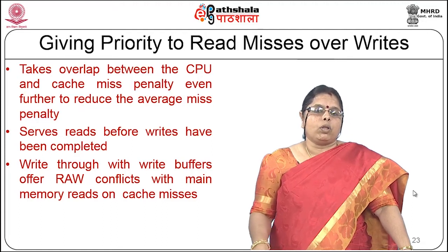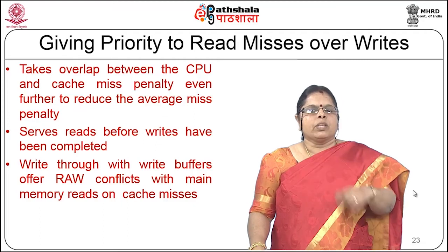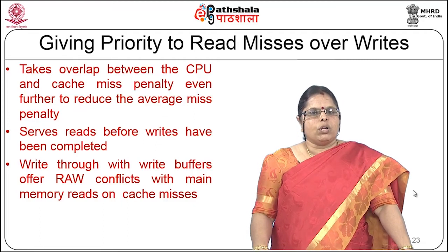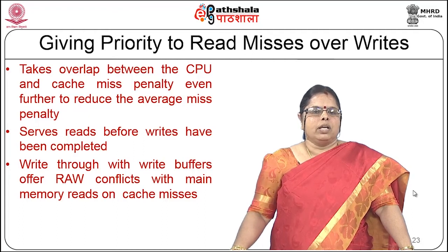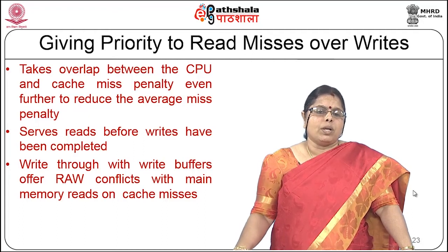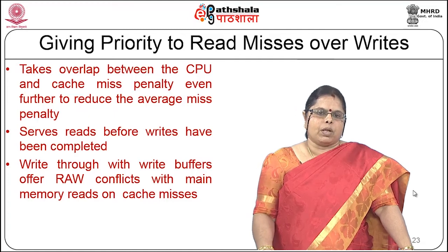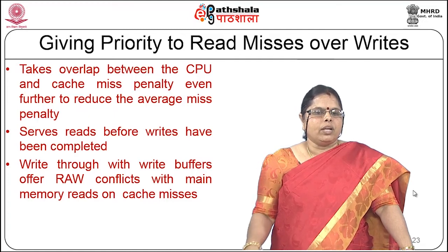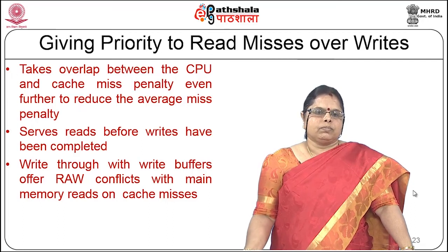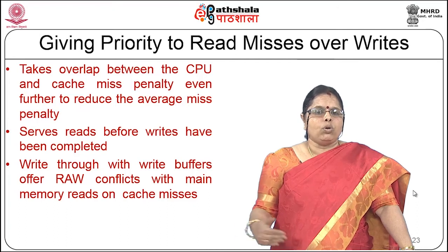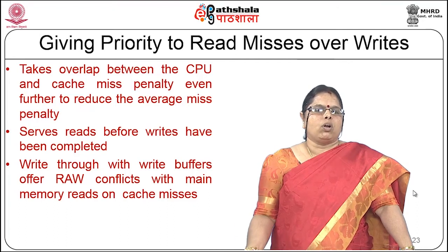Write through means you are going to modify your cache location as well as the main memory. And suppose you have a subsequent read on the same memory location, if you try to read it from memory, you have a RAW conflict. You are supposed to read the data after the update has been written.